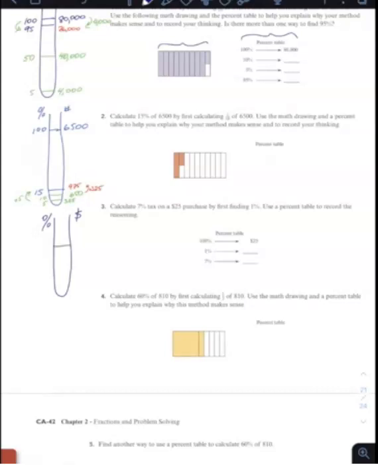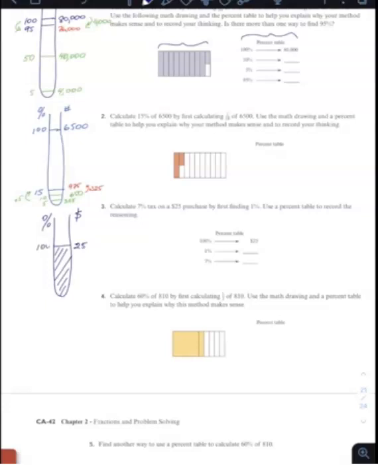We have a $25 purchase, and we want to calculate 7% tax. We want to know how much tax we're going to be spending. In America, tax is charged on top of the purchase price, so you can expect to pay a little bit more than $25. This is not the case in most of the rest of the world.